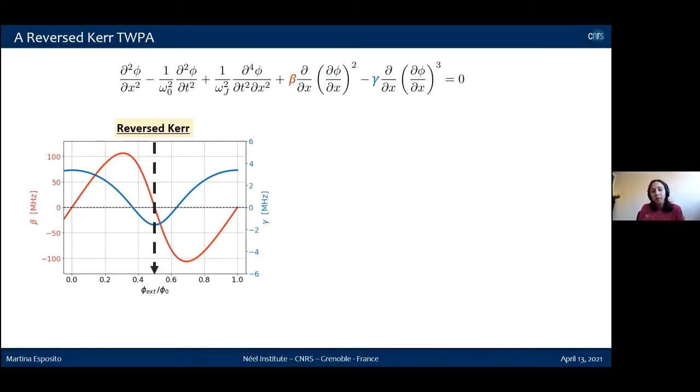In fact, we are now trying to look at, for example, second harmonic generation, which is the main three-wave mixing process that you can observe. And we are looking at whether we can actually kill off the third harmonic generation completely. And this is, as you said, somehow limited by the fact that the derivative of beta is very high. But you can tune this by the design that you choose for the SNAIL.